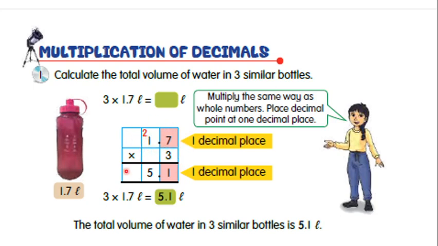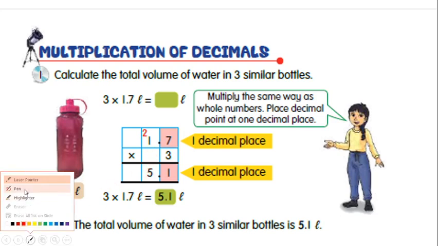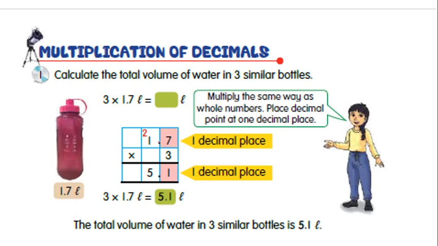So let's look at the question here. One, the vertical form. Okay, betul lazim yang dibuat. 1.7 times 3. Okay. So 7 times 3 is 21. 1 times 3 plus 2 is 5. So this one, the question, the decimal involved, it has only one decimal place, satu tempat perpuluhan sahaja.